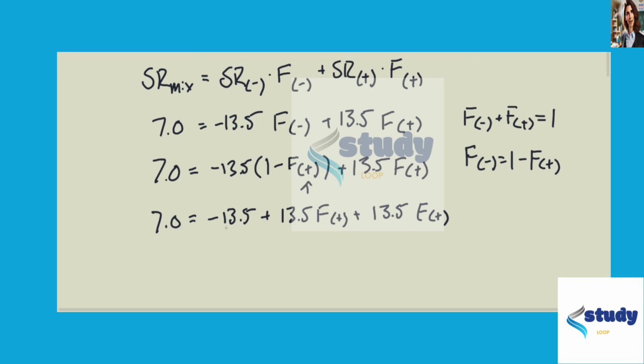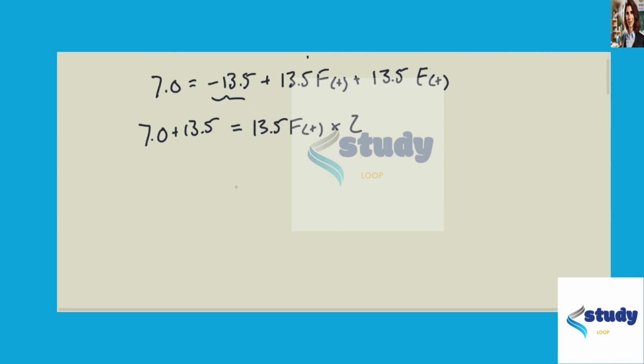Now we can move this term to the other side, so we'll add it: 7.0 plus 13.5 equal to 13.5 F plus, and then we've got 2 of these, so let's just say times 2. Now we can divide over our 13.5 and our 2 to get 7.0 plus 13.5 divided by, if we multiply 13.5 by 2, we get 27, equals F plus.